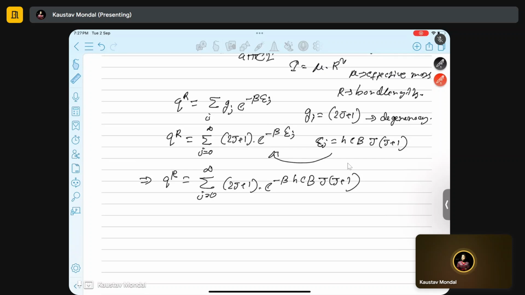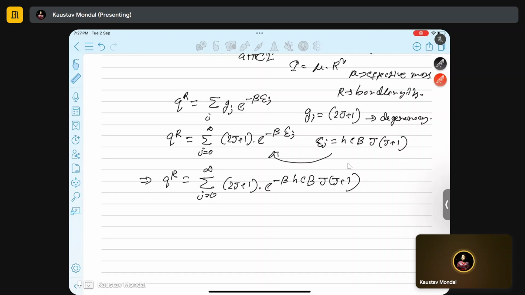Let's suppose the energy states are very closely distributed, so it looks like not discrete energy levels. If the density of energy states is very high, then instead of treating the energy states as discrete, we can treat them as continuous, right? If the energy states are very close, then instead of using the summation, we can use integration here.